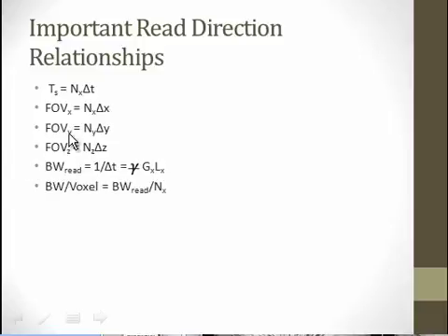Similarly with field of view y and field of view z. The bandwidth in the read direction is just 1 over delta t, because bandwidth is in hertz and t is in seconds, which equals gamma bar Gx Lx. Well, Lx is actually field of view x, so those are the same. Bandwidth per voxel is bandwidth read over Nx.